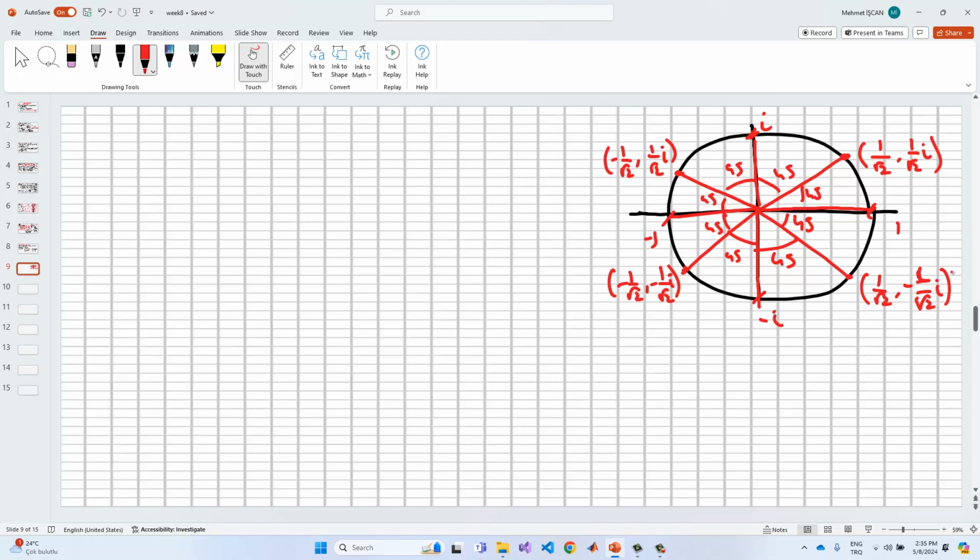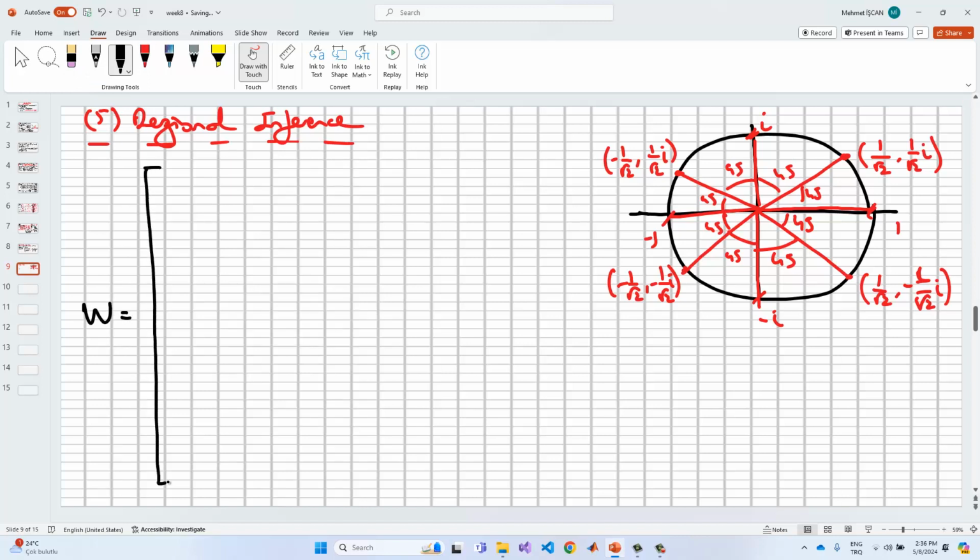So just see that. This is the regional inference property. So we can build the W matrix in here, just like this one. What's the dimension of this W, Baran? What's the dimension of this matrix?